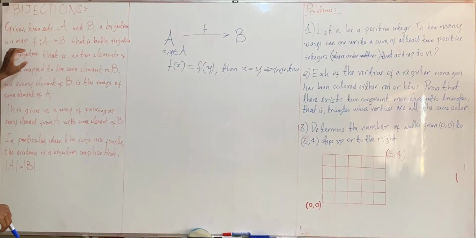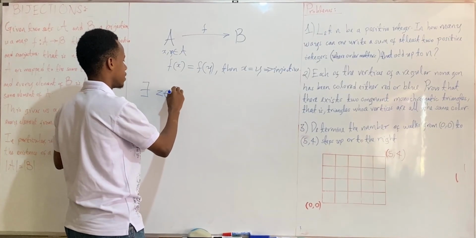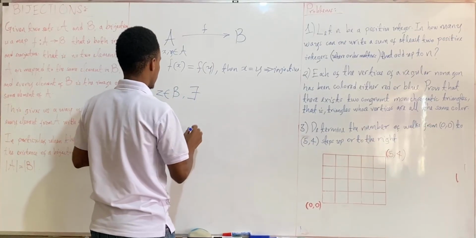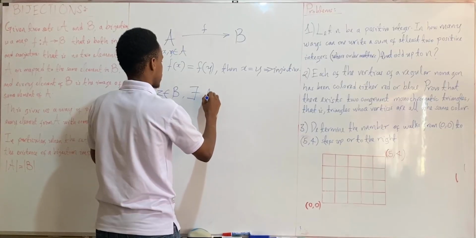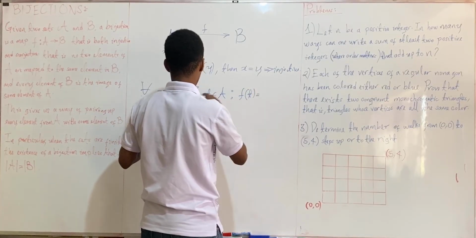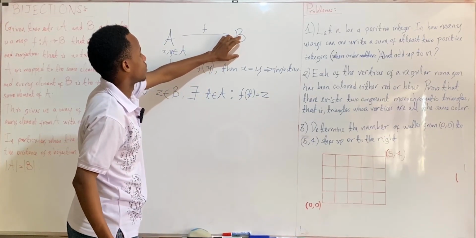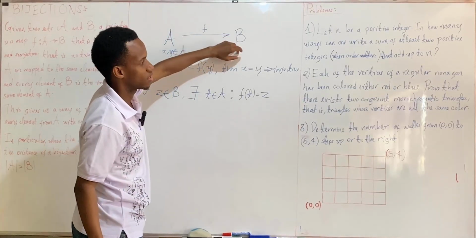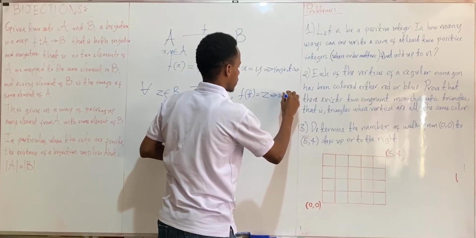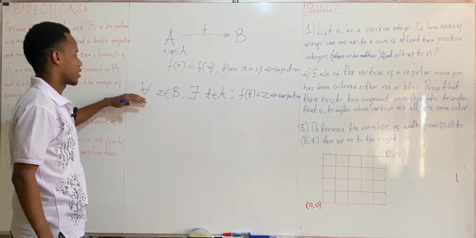And by surjective, we mean that for every element Z of B, there exists an element, say T of A, such that f(T) equals Z. So whenever you have an element of B, there exists an element of A whose function value is equal to that particular element of B. So a function is said to be surjective if it satisfies this condition.